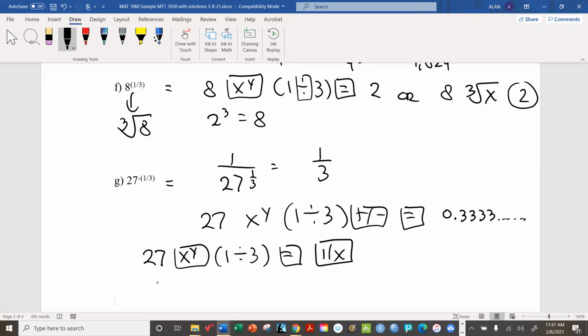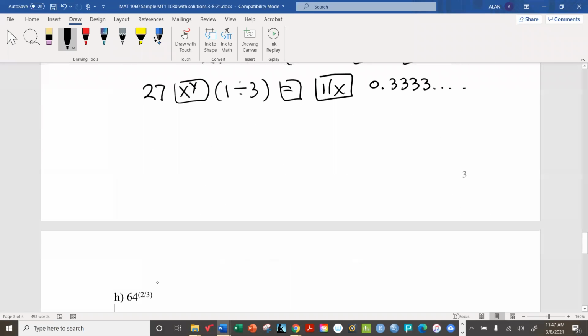Okay, enter. 1 over x is wherever on the left, and it will give you the correct answer. That's up to you. There's a lot of possibilities here. Beautiful.